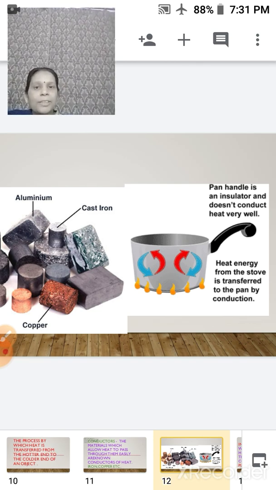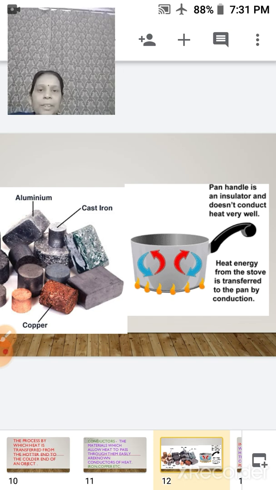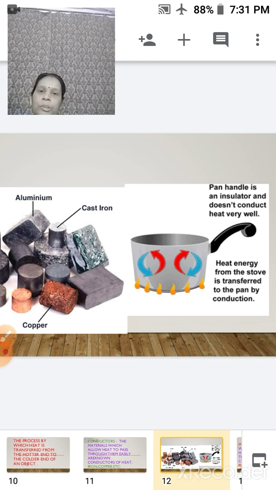Here you can see the pan which is having the handle in plastic, but the other part of the pan is in steel, or any of the metals. So here the heat energy is transferred from the stove to the pan, and from the pan it will be transferred to the handle.